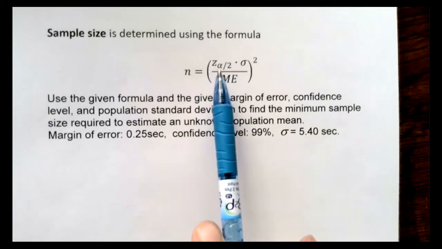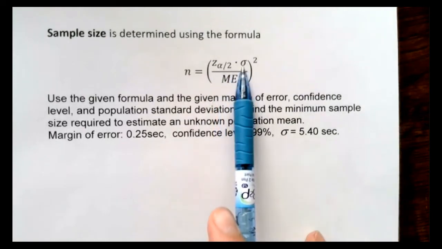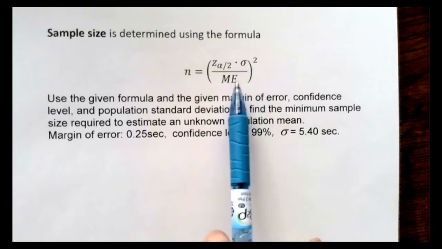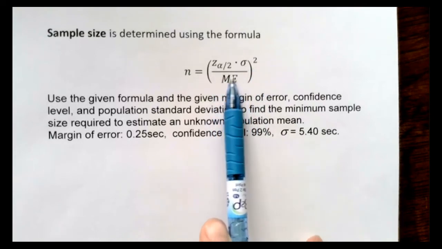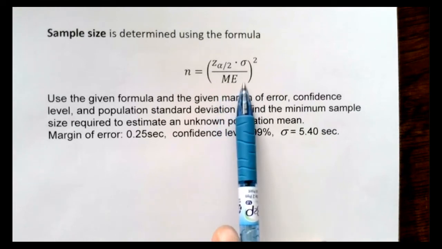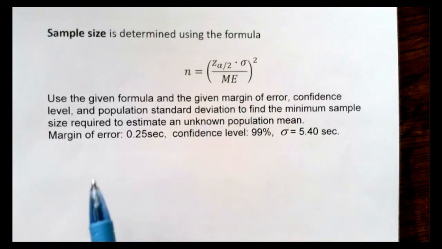We are getting it from the normal distribution table, the Z table, not the T table. Now, we also need a standard deviation of the population and the margin of error that we can allow. Again, the more accuracy, the less the margin of error is.